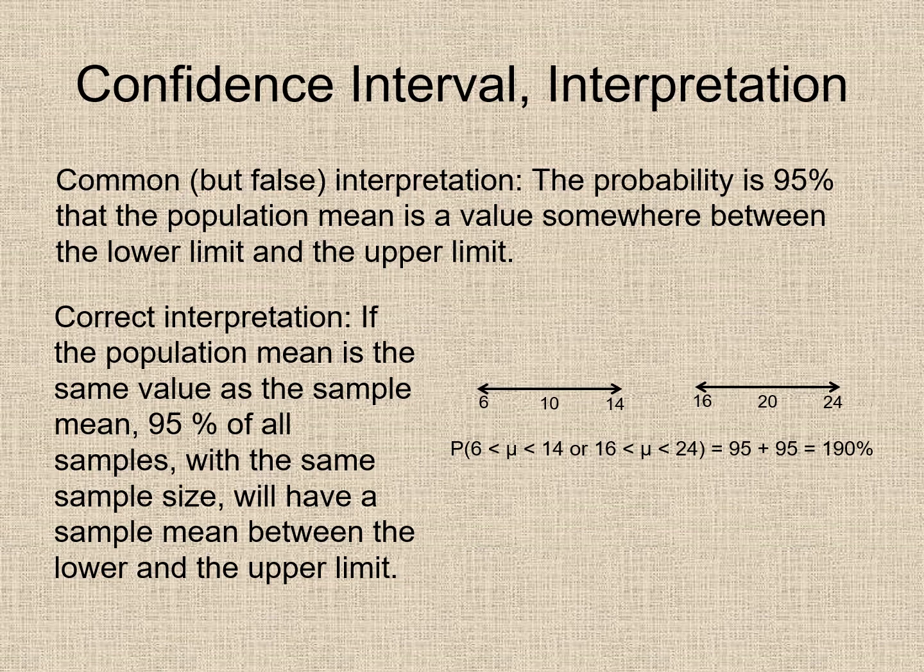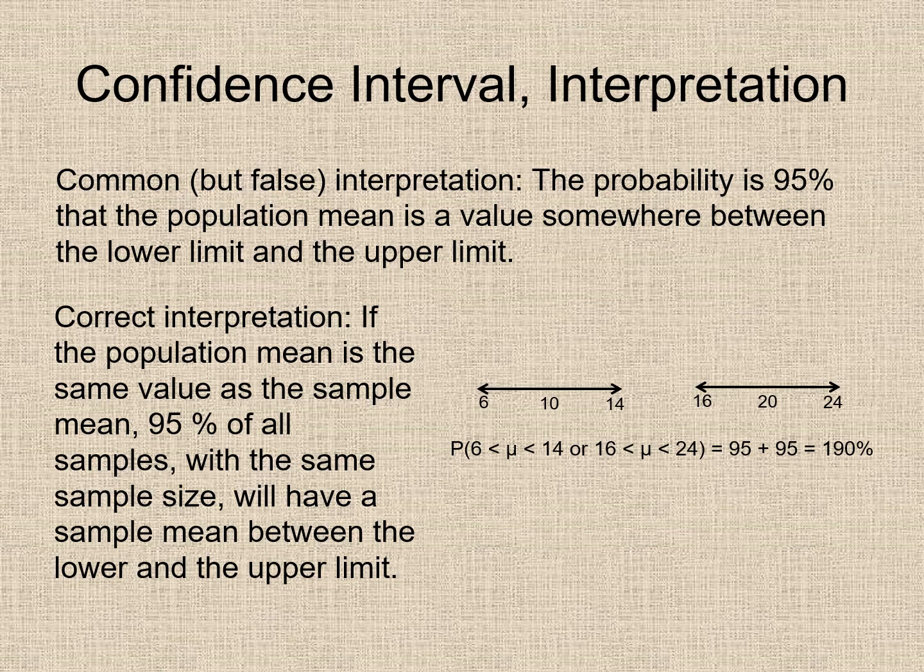It's a false interpretation. The common but false interpretation is that the confidence interval gives us the probability that the probability is 95% that the population mean is a value somewhere between the lower limit and the upper limit of the confidence interval.